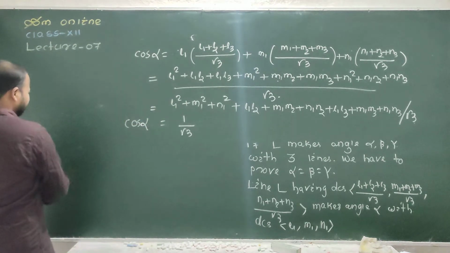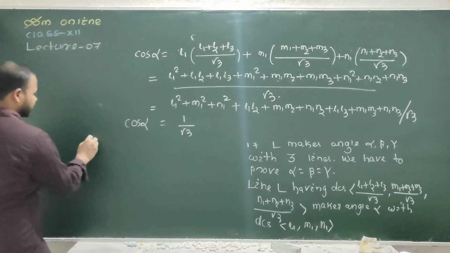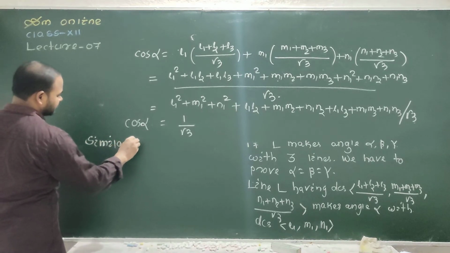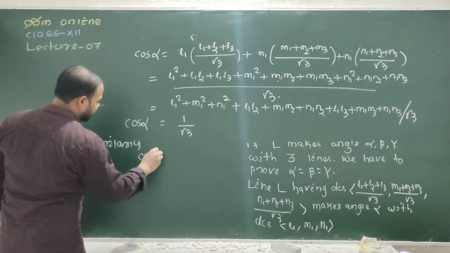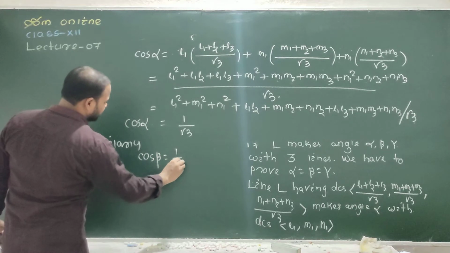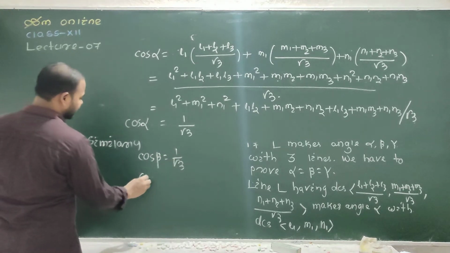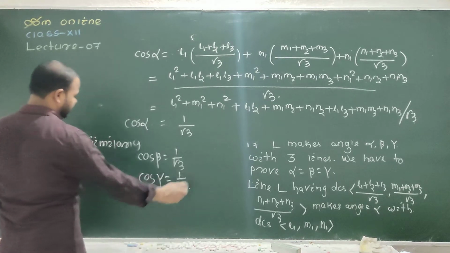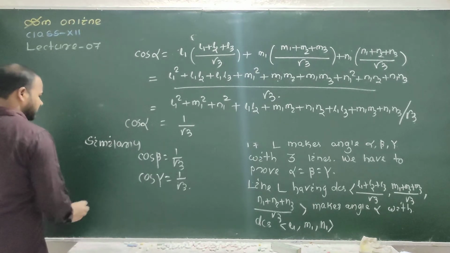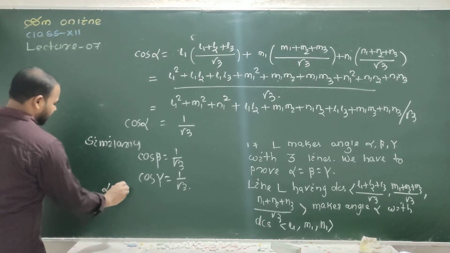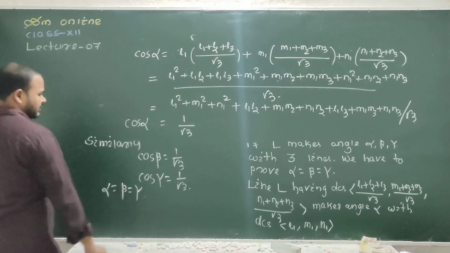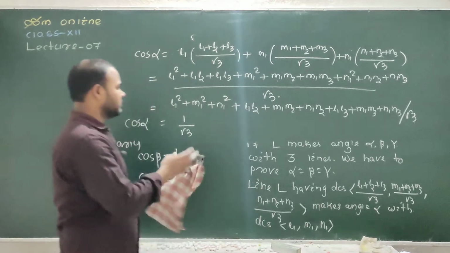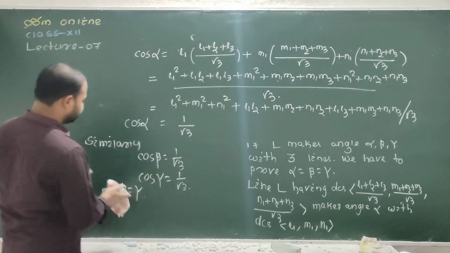Similarly, I write here cos beta equal to 1 upon root 3, and again cos gamma is also 1 by root 3. So here from this equation we get alpha equal to beta equal to gamma. Okay. Now move to next example.